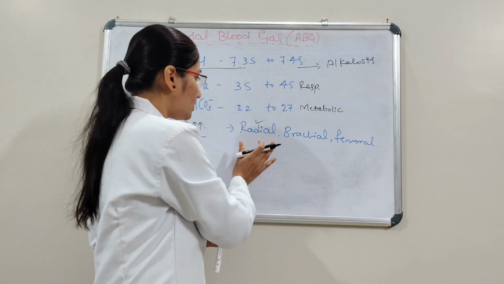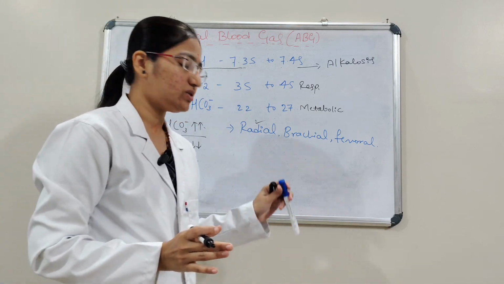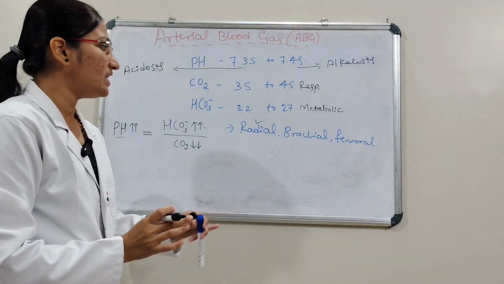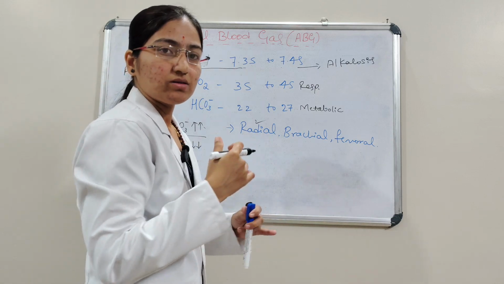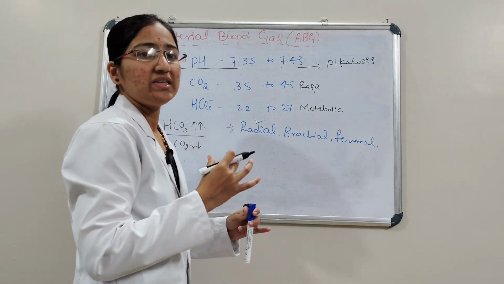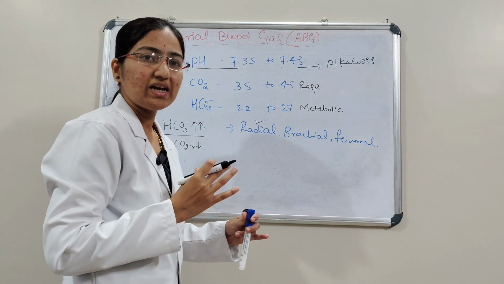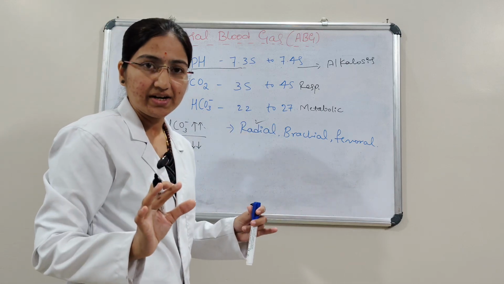This question is asked many times in competitive exams. The most common artery for drawing blood for ABG analysis is the radial artery.